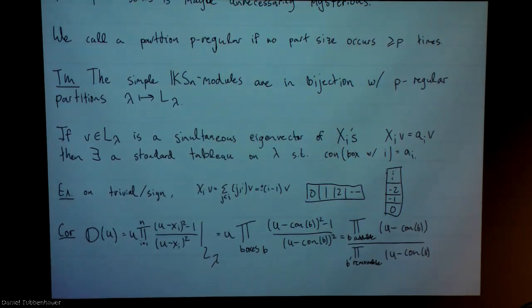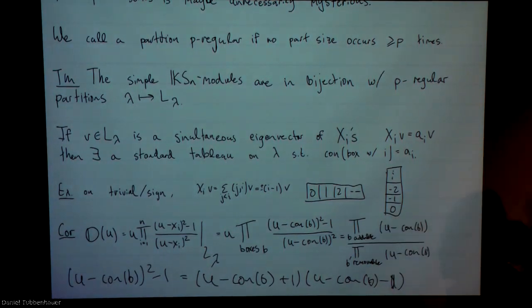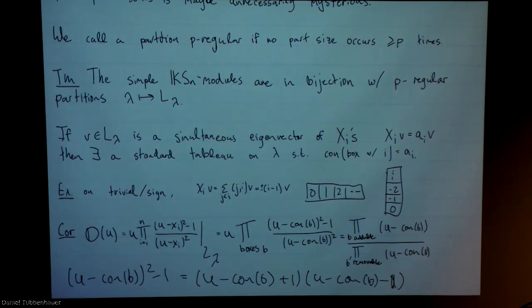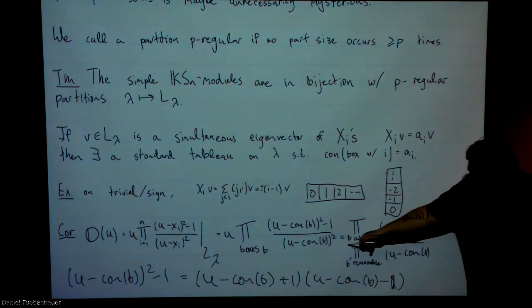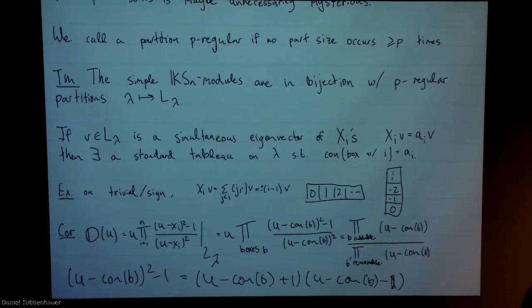And of course, I'm going to use difference of squares. So u minus this content squared minus 1 is the same as u minus the content plus 1 times u minus the content minus 1. And then in the bottom, I'm going to get u minus the content squared. Okay, so the order of 0 of this guy is just how many times does a given number show up as the content of a box versus how many times does it show up as the content of a box plus or minus 1.